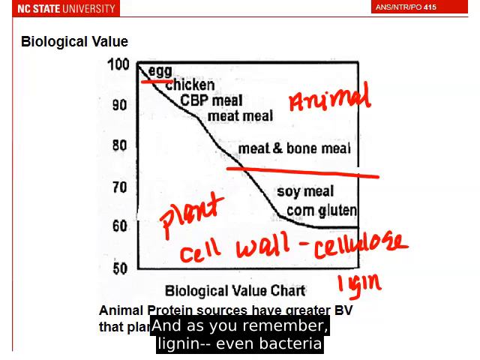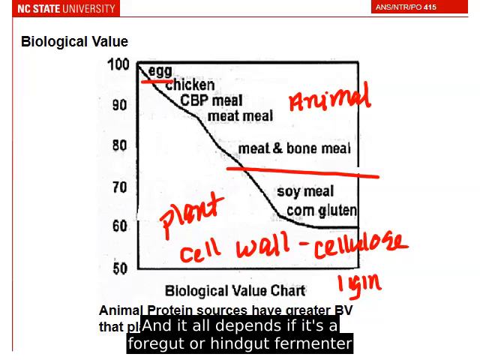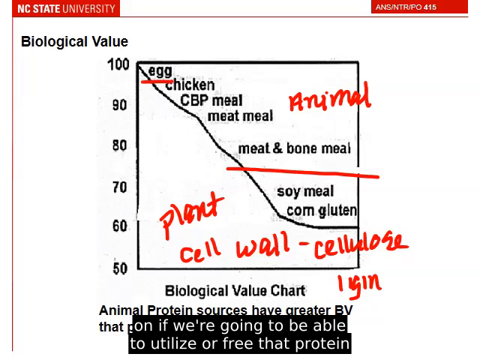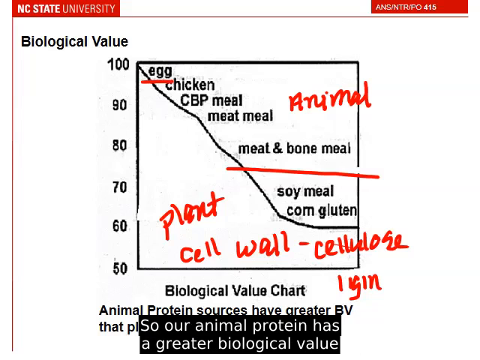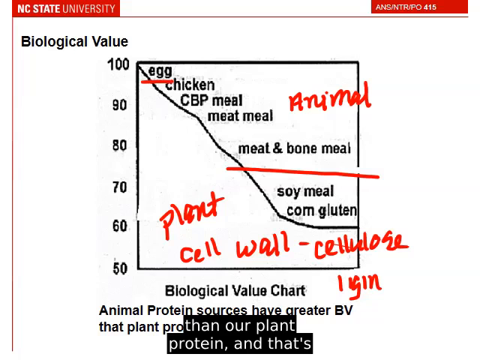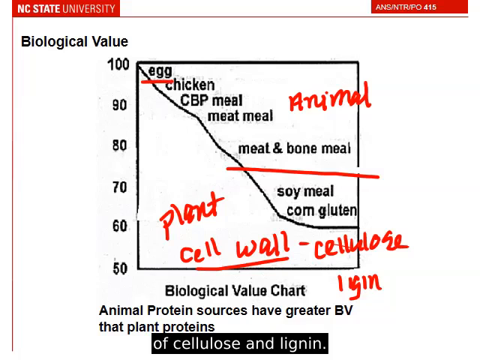And as you remember, lignin, even bacteria can't break that apart. And our cellulose, our bacteria can break it up. And it all depends if it's a foregut or hindgut fermenter on if we're going to be able to utilize that or free that protein and get through that cell wall. So our animal protein has a greater biological value than our plant protein, and that's mainly due to the cell wall component, which is made up of cellulose and lignin.